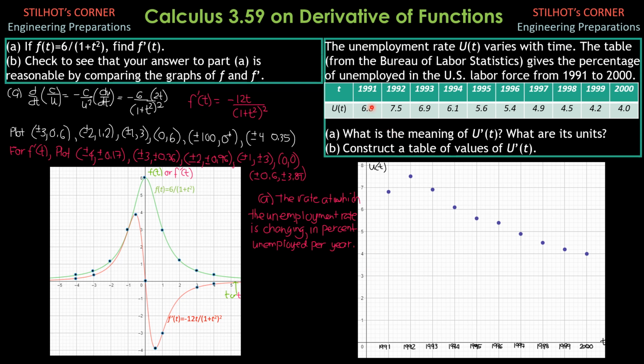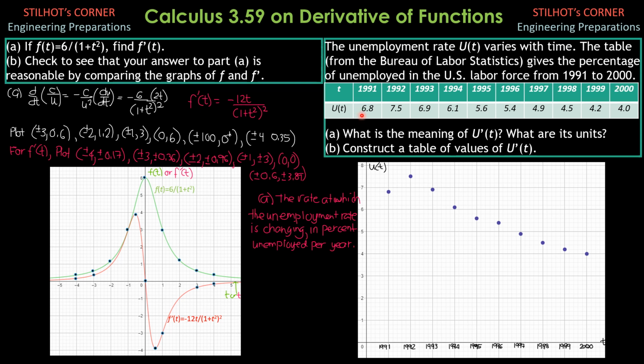Then here, the unemployment rate U sub d varies with time. The table from the Bureau of Labor Statistics gives the percentage of unemployed in the U.S. labor force from 1991 to 2000.